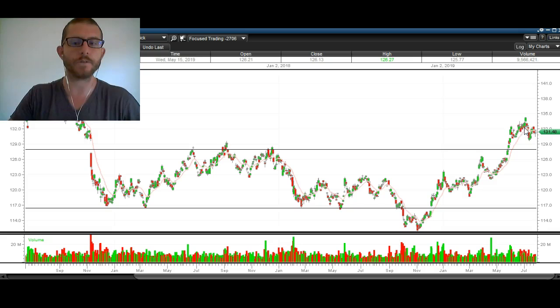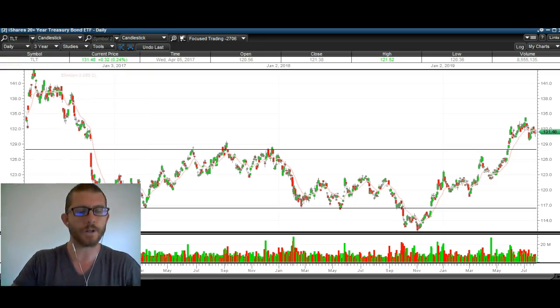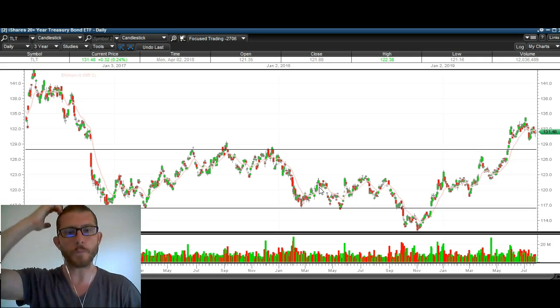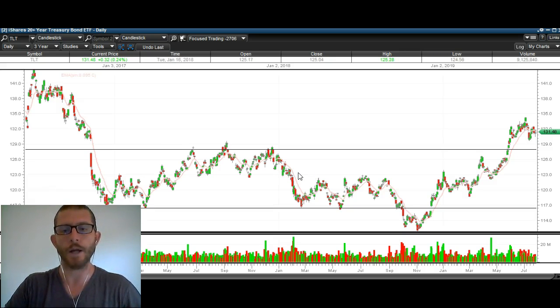Now, this move that we're talking about here in the more recent action is not going to be as significant, just because we're looking at 2.5 years of support that was broken and then reclaimed, whereas the more recent action, as you can see, that huge move higher. So keep these false moves, false breakdowns, and false breakouts in mind in your trading, because these are really, really powerful setups.